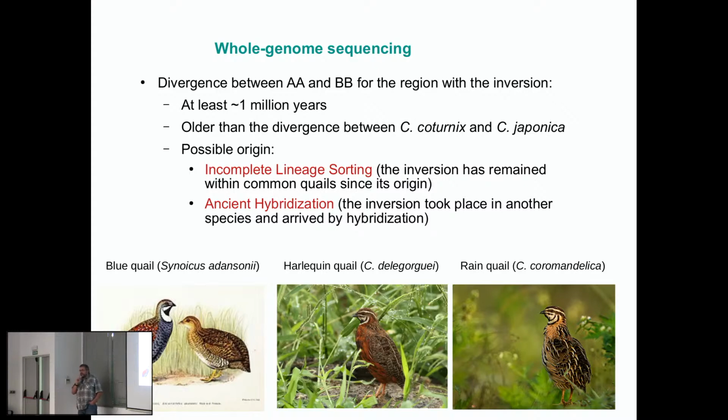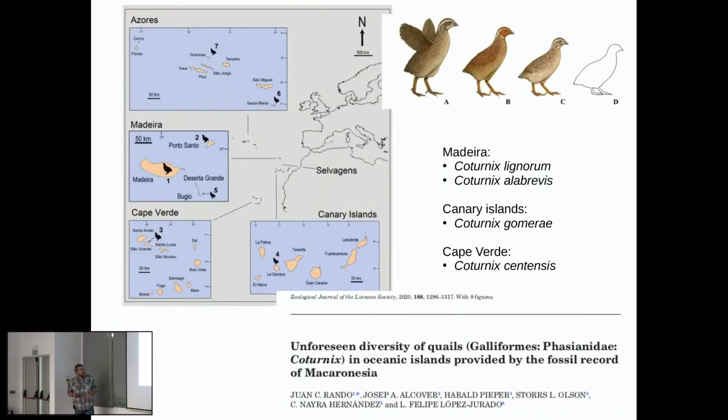However, there is another possibility. Maybe this inversion represents a ghost chromosome. Maybe it comes from an extinct species. And this was a study that was published in 2020 by some paleontologists that were studying quail remains in the Macaronesian islands.